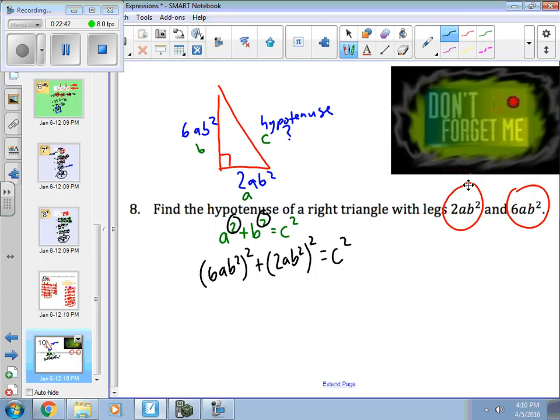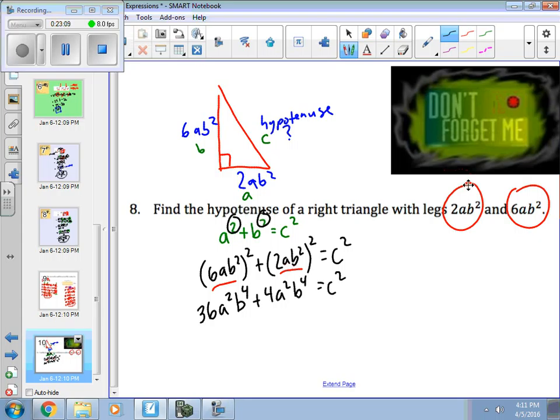Now, since there's no plus or minus in these terms, we should just go through and square everything. So 6 squared is going to be 36. A is going to get squared, and B is going to get squared. When you got power to a power, we want to multiply those, so that's going to be to the 4th power. So do the same thing on the next one. 2 squared is 4, A squared, B to the 4th.